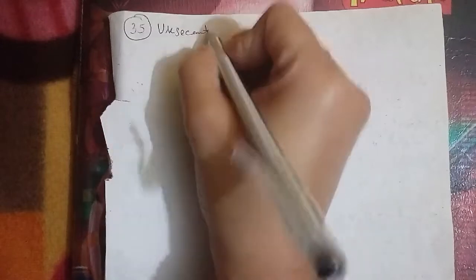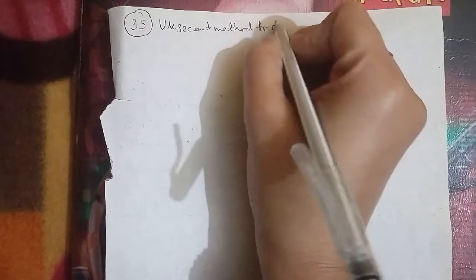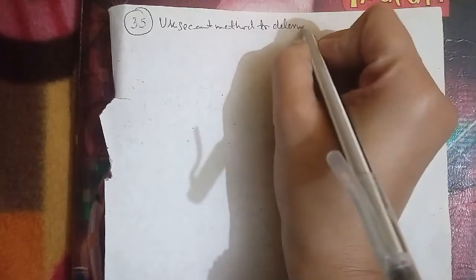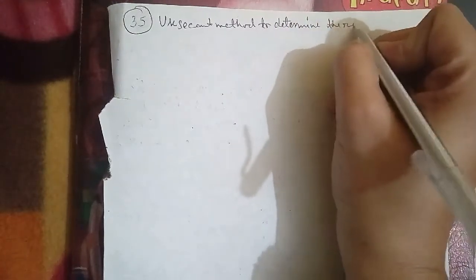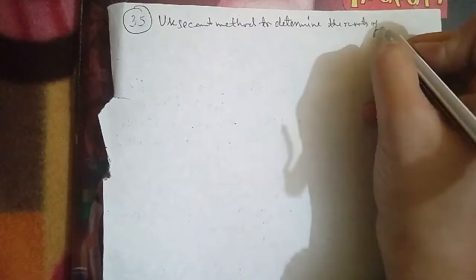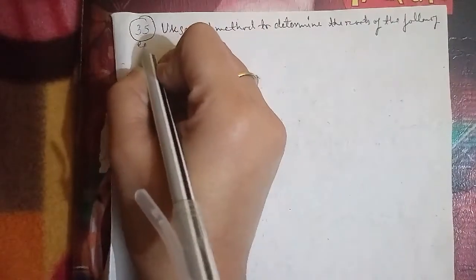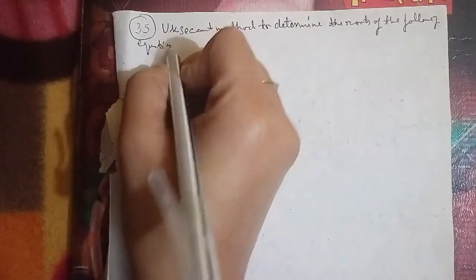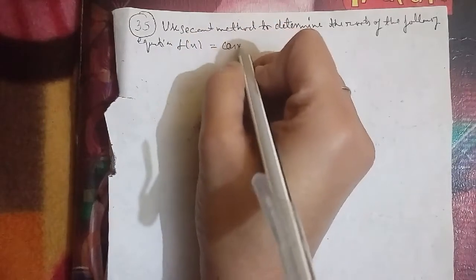Use a second method to determine the roots of the following equation f(x) equals cos x minus x e^x equals 0.